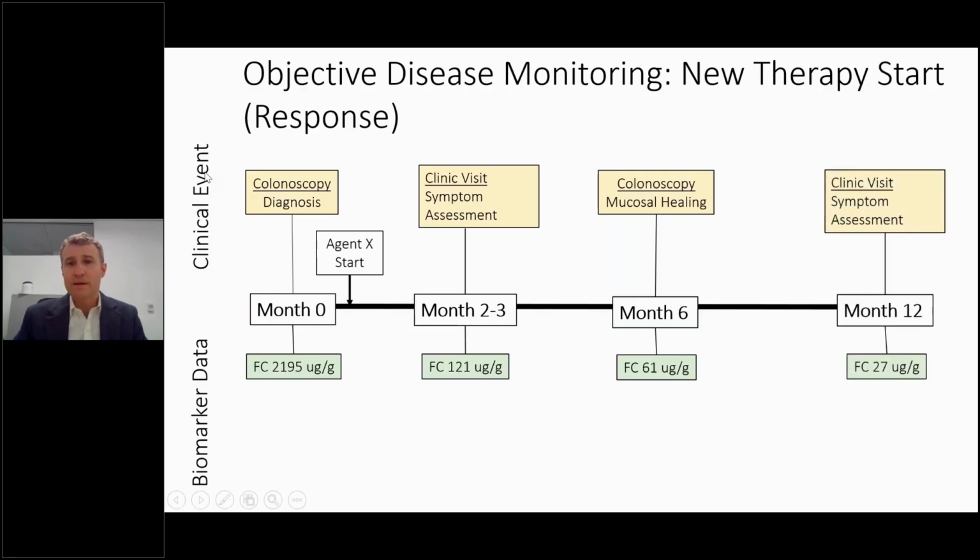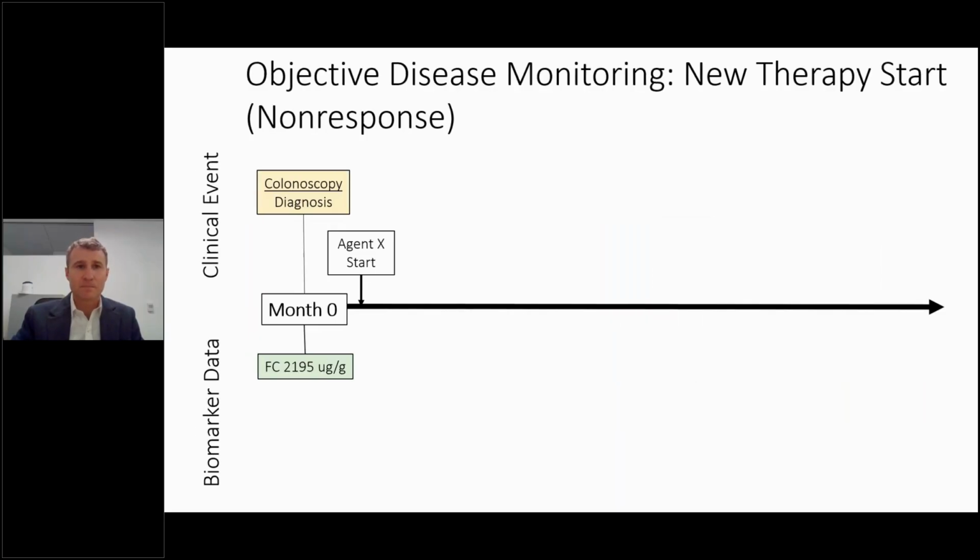Then moving forward, 6 months later, I bring that individual back to clinic for another symptom assessment, again combining the symptom assessment with another fecal calprotectin, demonstrating clear fecal calprotectin remission. And thereafter, if this individual remains in stable clinical and biochemical remission, I repeat that assessment about every 6 to 12 months.